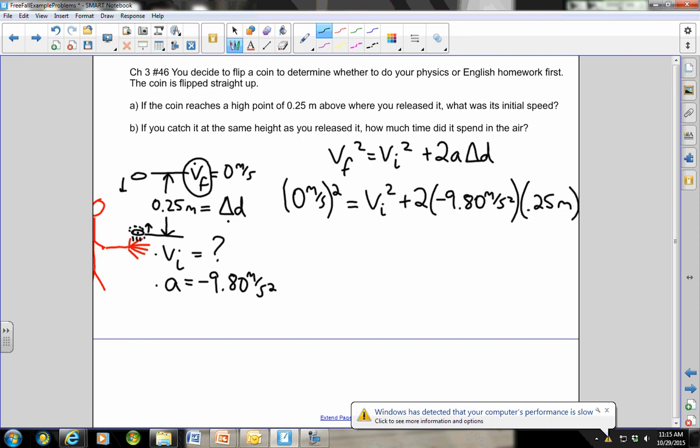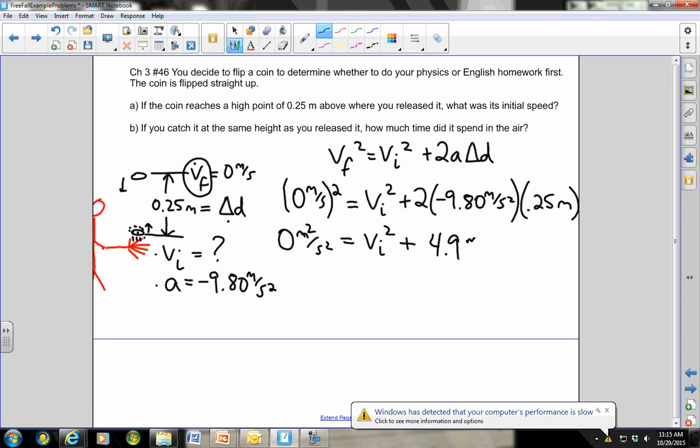Okay, so then here, 0 meters squared over second squared. And this, 4.9. I'm going to keep two sig figs.